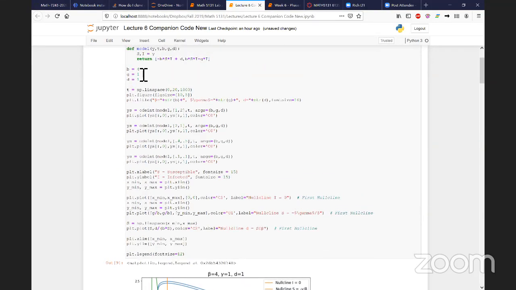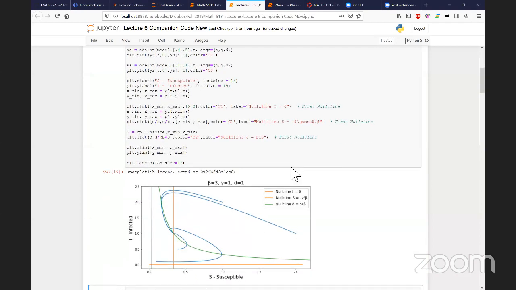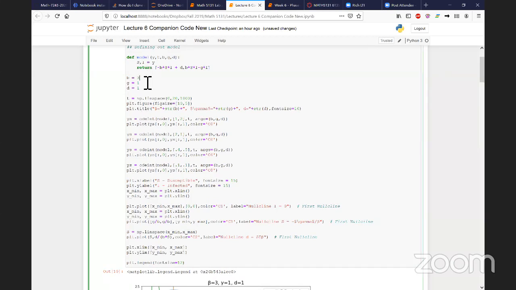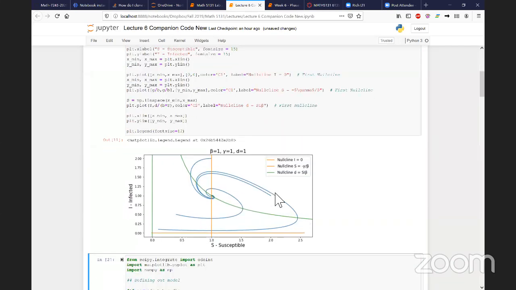And then let's drop below to beta equals 3. You can start to see the beginnings of some spiraling behavior there. Let's drop far below to beta equals 1. Here you can really see the spiraling behavior come out.